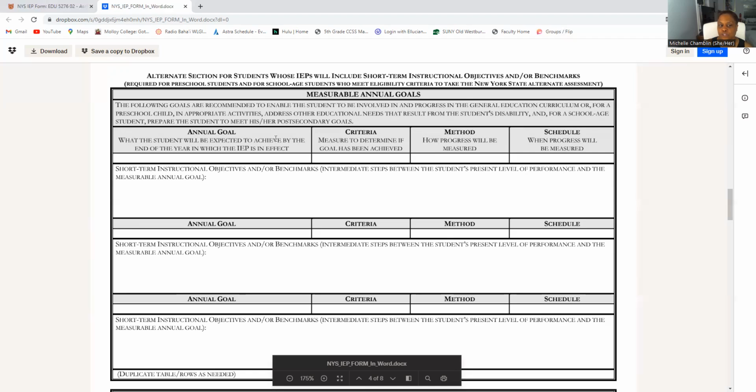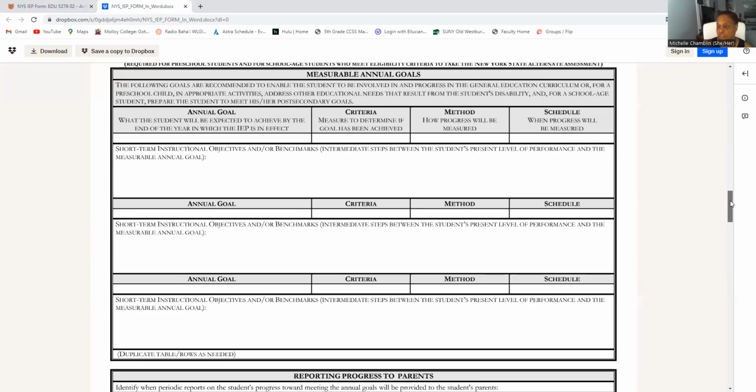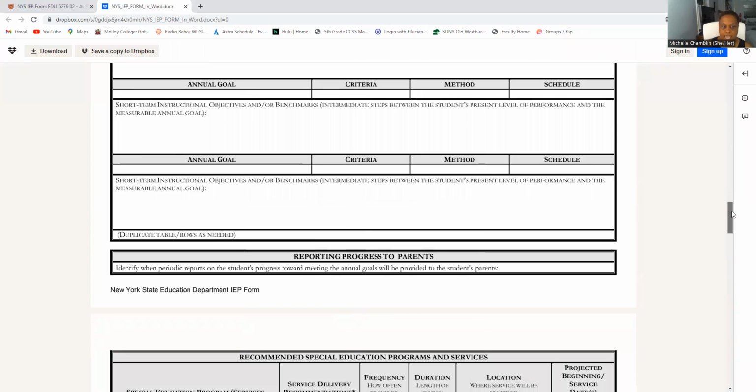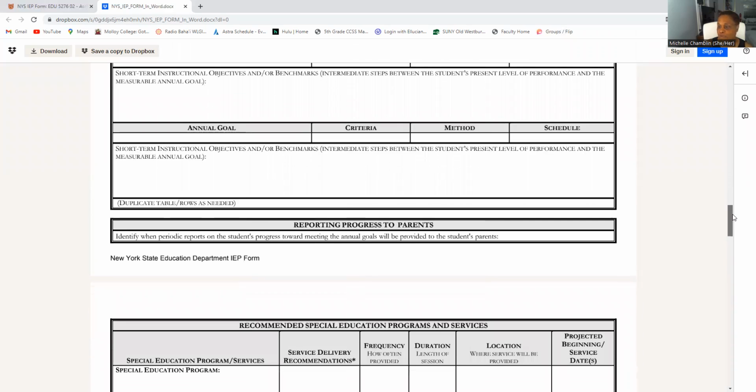So as soon as you look at an IEP and read this section, you can pretty much tell the student is either in preschool or they are a student who is participating in the alternate assessments. And again, how is this going to be reported to the parents?